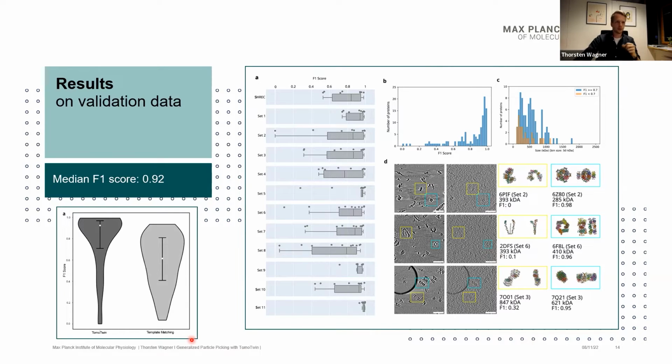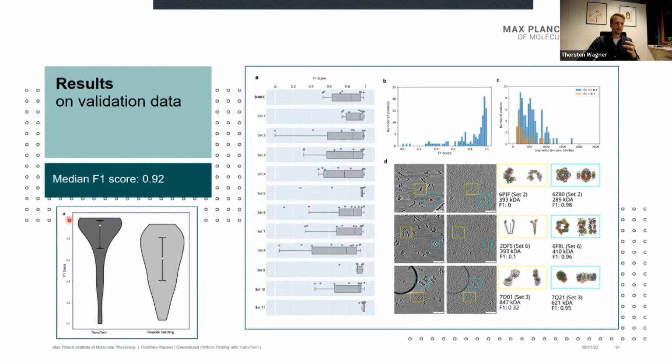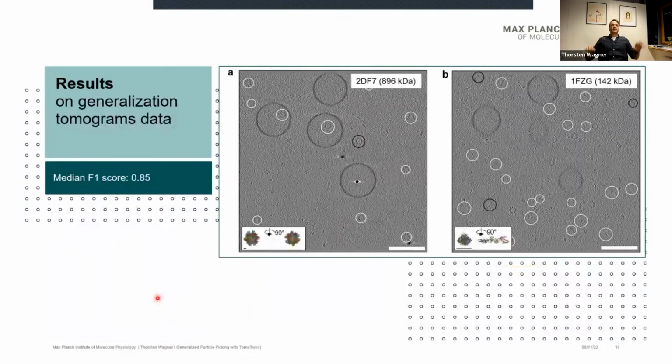And for TomoTwin, we just applied our normal reference-based workflow and optimized the threshold for the proteins. And you see that if you look at the distribution, the proteins are highly accumulating in this area where you have high F1 scores, whereas for template matching, it's much broader. But these were on our validation data.